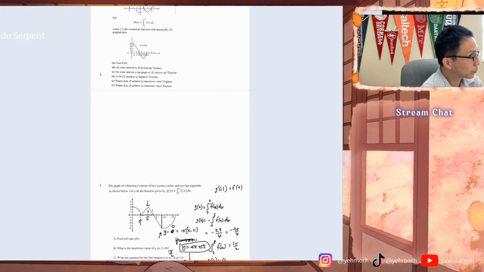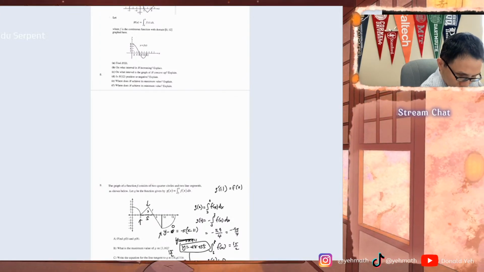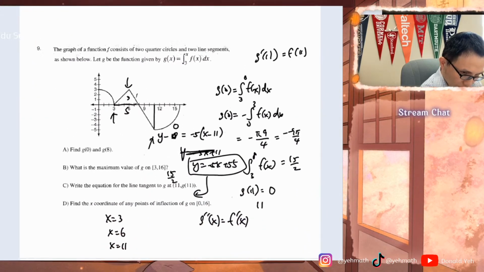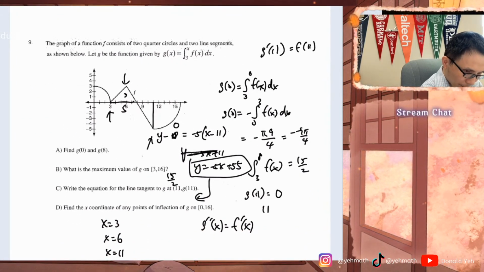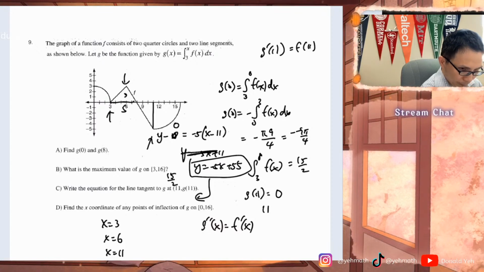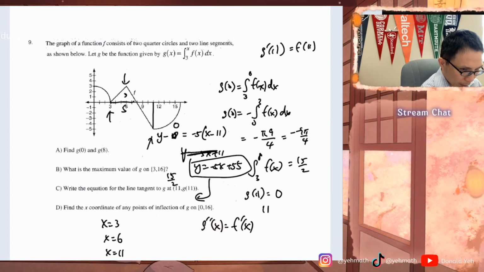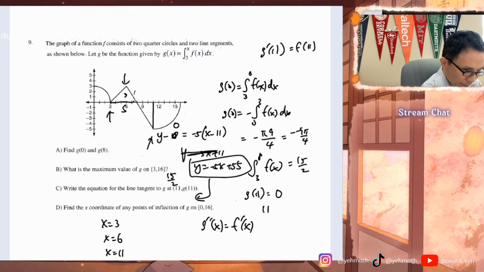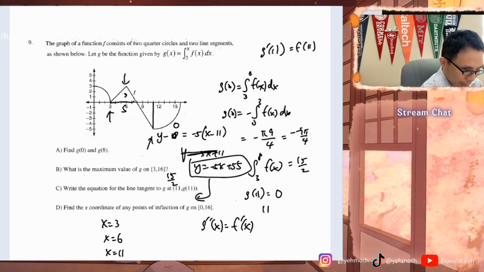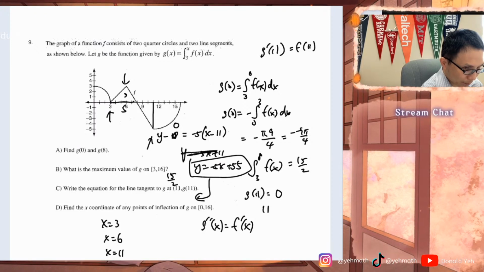Like with 9, it curves and then it goes straight up. Which particular question? Like B. Okay. So the maximum value occurs around 8.